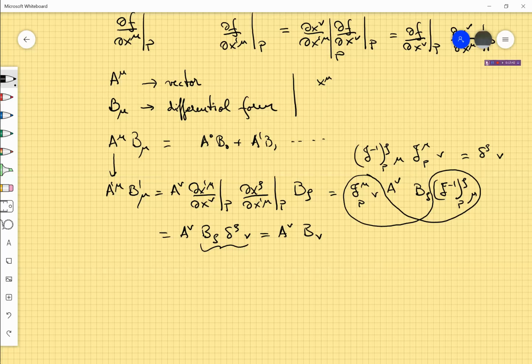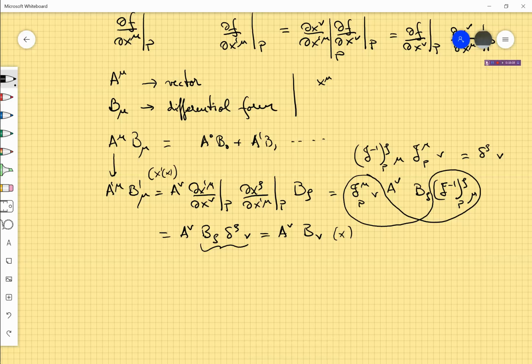And invariant doesn't mean that this function, because in the end it is a function, has exactly the same functional form, because probably you want this to be expressed in terms of the coordinates x prime and this in terms of the coordinates x. So in order to compare, you have to perform this coordinate transformation.